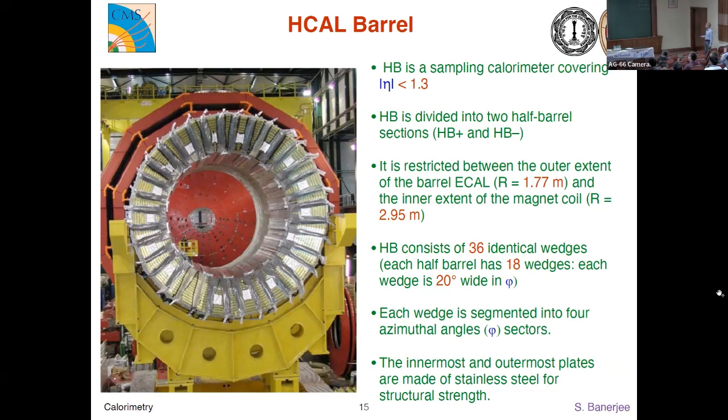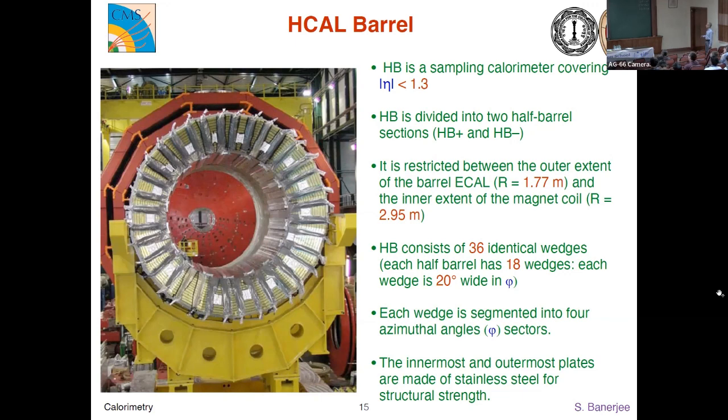HB consists of essentially 36 identical wedges. Each half barrel has 18 wedges, and each wedge is 20 degrees wide in phi. Each wedge is segmented into 4 azimuthal sectors in phi.